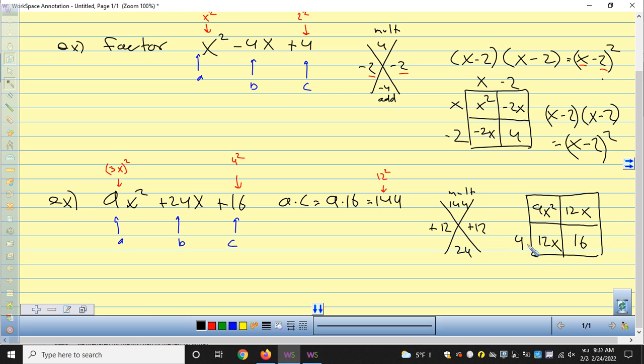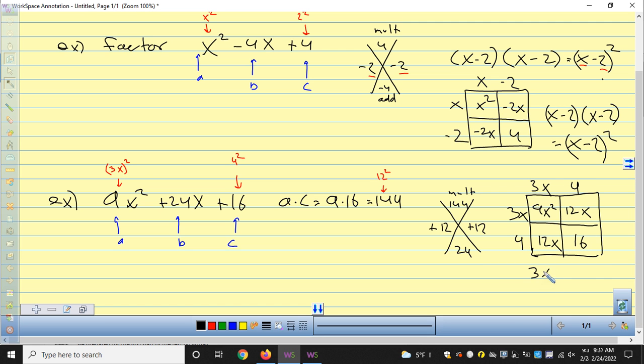4. The biggest number that goes into both 9 and 12 is 3. And we have the smallest x that's in each of these, which is 1x. We just did the 9 and the 12, that's a 3. Each of these has an x in there. And we did the 12 and 16 here, so that's 4.